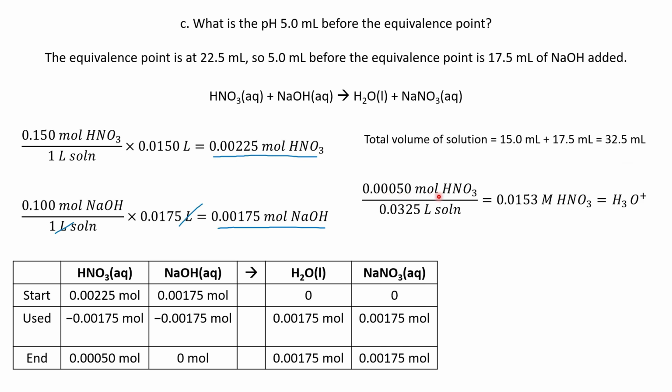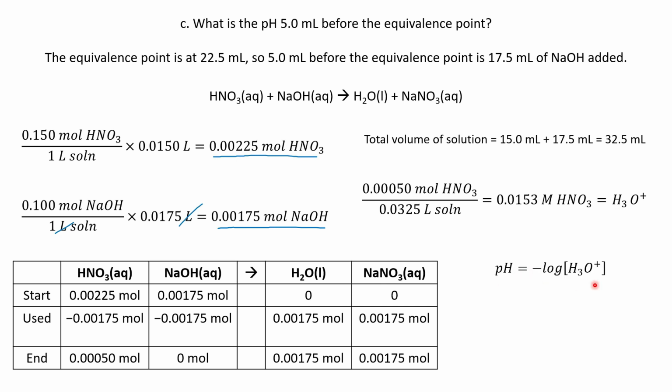So my stoichiometry gave me how many moles of acid I have. I just calculated my total volume of solution, again, just converting from milliliters to liters. So my concentration of nitric acid is 0.0153, which again is my concentration of hydronium. Those are equal because nitric acid is a monoprotic acid, so that's a 1-to-1 stoichiometric ratio.